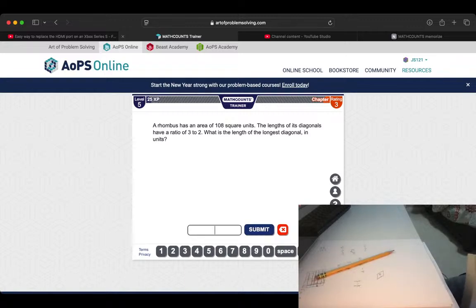Get the book out. Why do they call it kites in this book? It's not a kite, it's a rhombus. Okay, let's go.